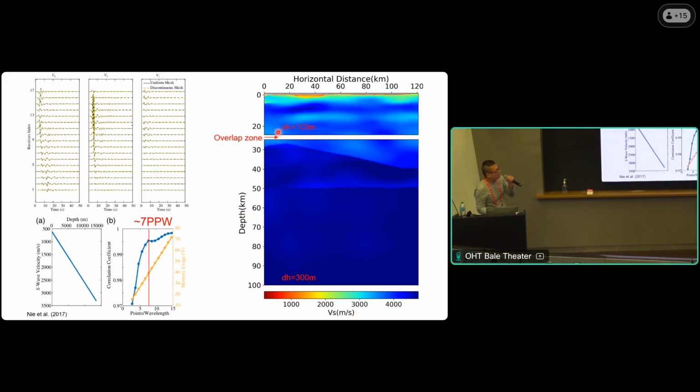And the grid spacing below 25-kilometer depth gets 3 times bigger, from 100 meters to 300 meters. So when we're using this feature, we're going to cut down the model size below 25-kilometer depth by a factor of 27, and that becomes negligible.